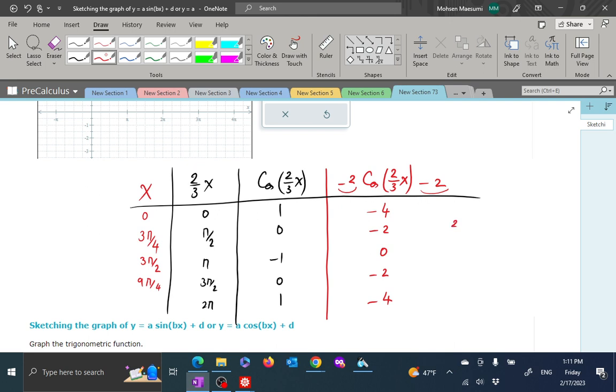I'm saying 2/3 of x is equal to 3 pi/2. Is that right? So 2/3 of x is supposed to be 3 pi/2. So I multiply by 3. So if you wish, 2x is equal to 9 pi/2. Divide by 2. So x is 9 pi/4. So 3 gets multiplied and 2 is divided, and they get 9 pi/4.